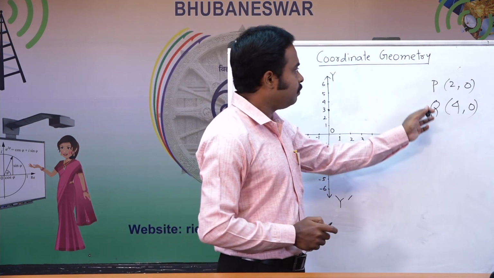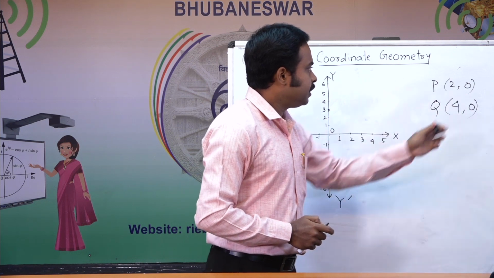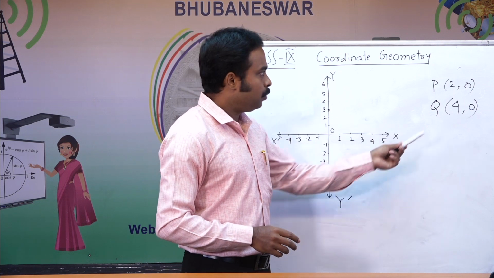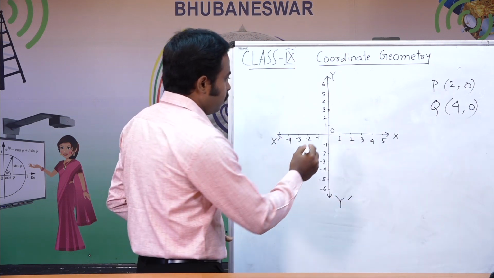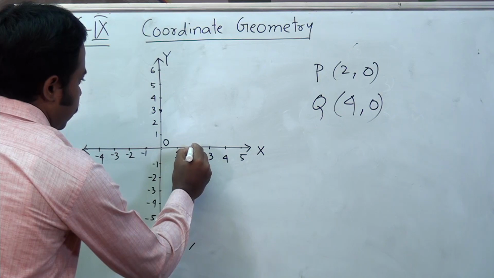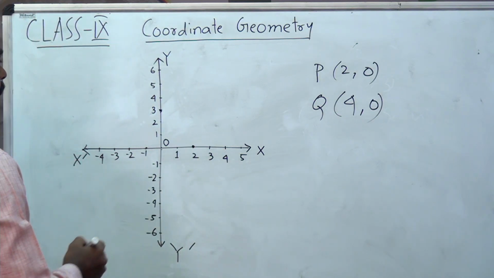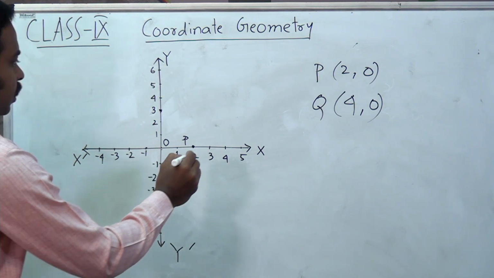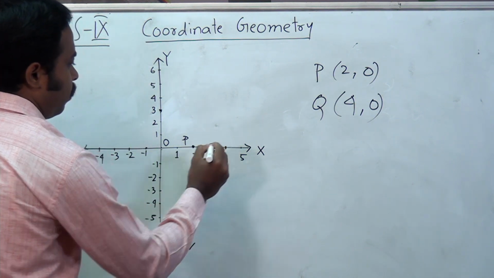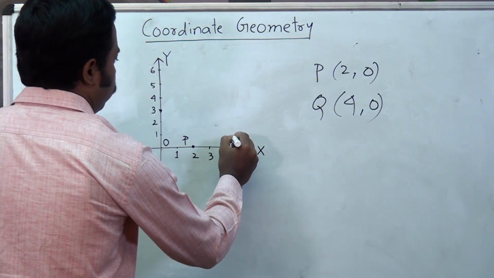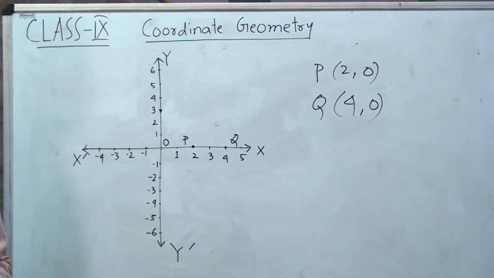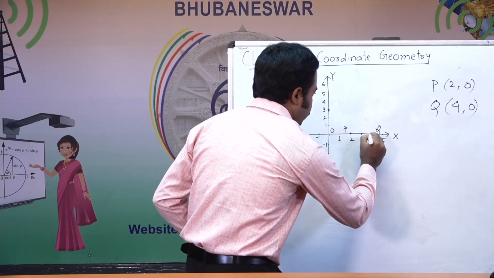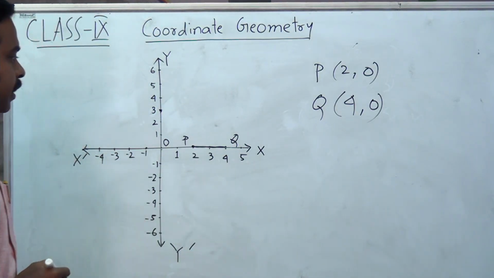So these are very simple. Both the points are lying on the x-axis. So we may take this as P, and 4, 0, this is the point 4, 0, we may take Q. Now student, you may say, this will be one side of the triangle.